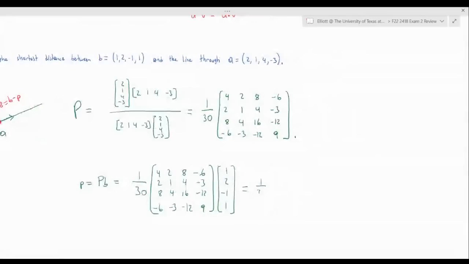So we're going to get 1 over 30. Here, 4 plus 4 is 8, minus 8 is 0, minus 6.